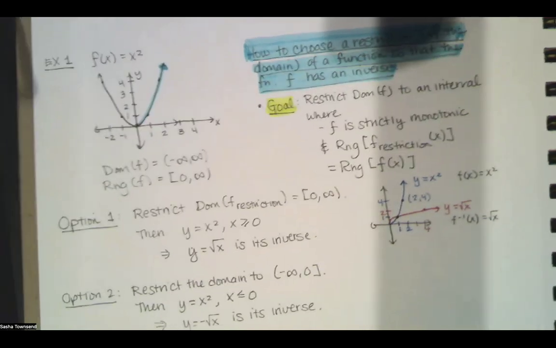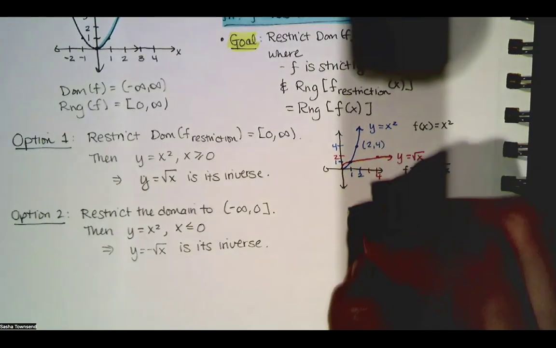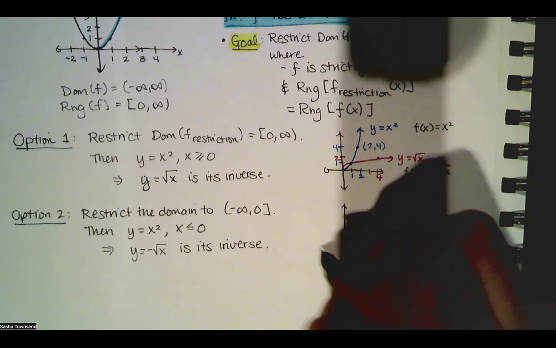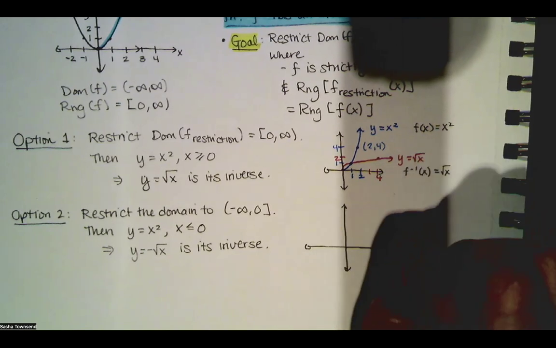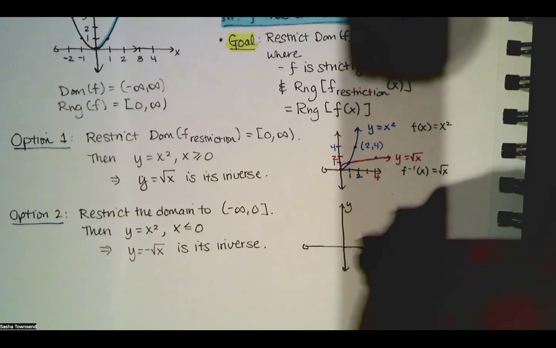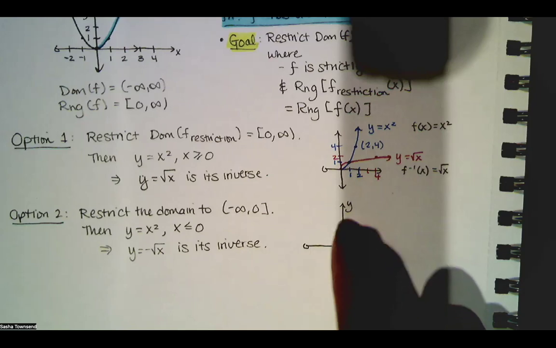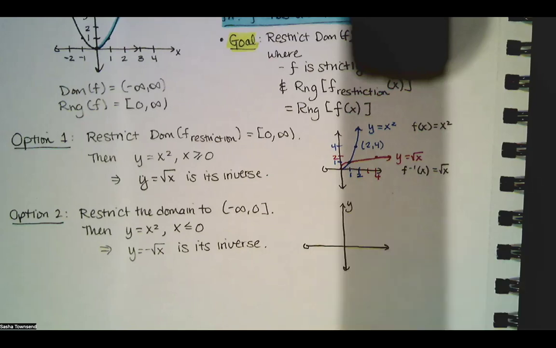Okay, so if we want to graph this, it's relatively easy to do. All we have to do is graph that restriction. And then think about what happens when we change the roles of x and y. So we have y equals 0, y equals 1, y equals 4, all of the y values from 0 to infinity in our range.